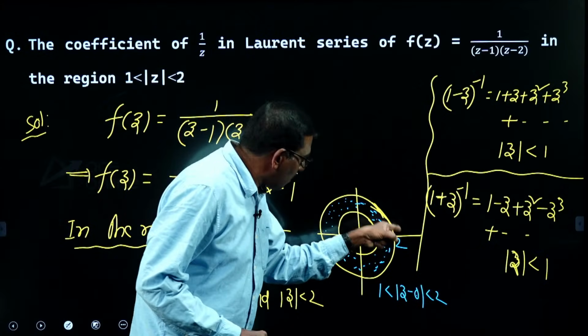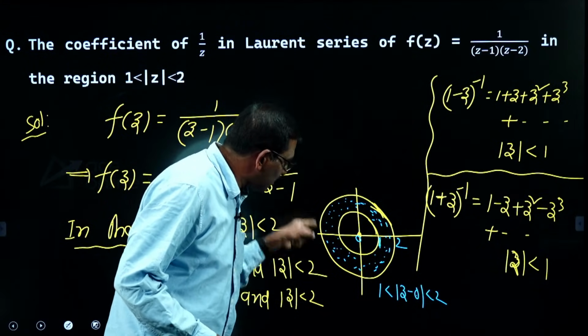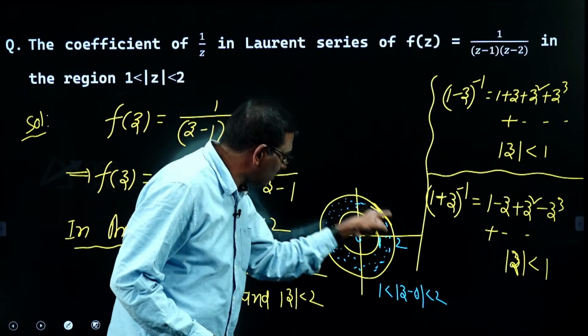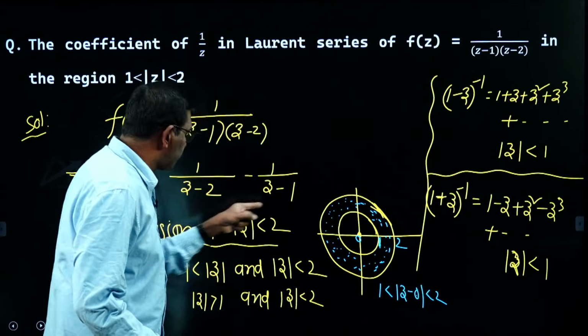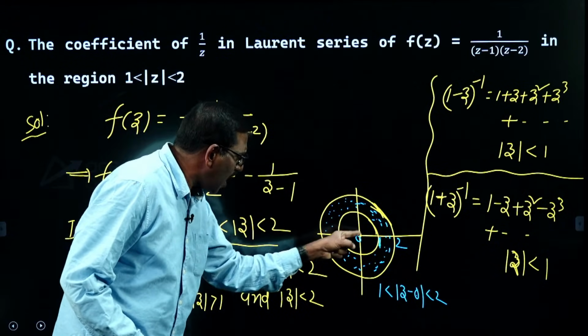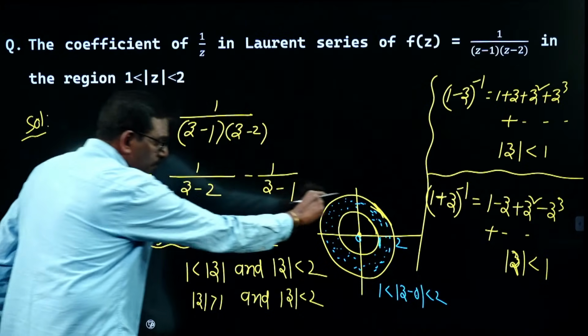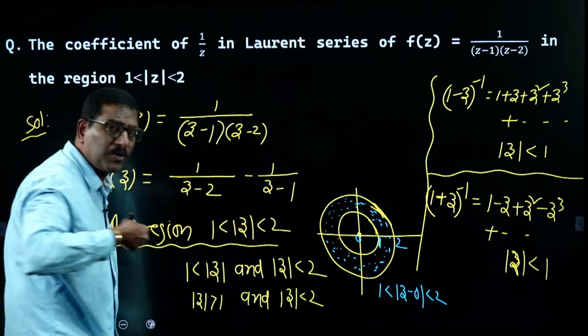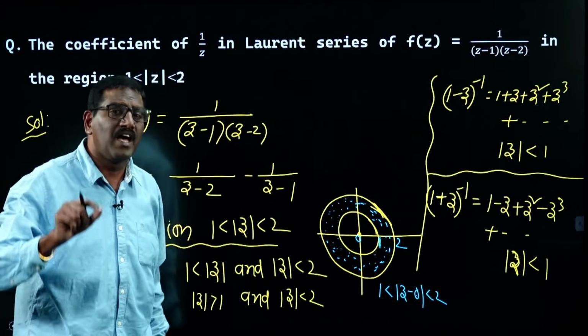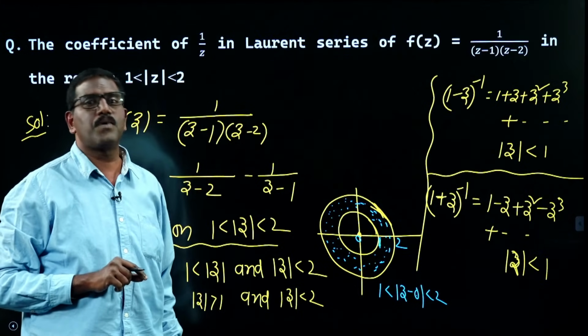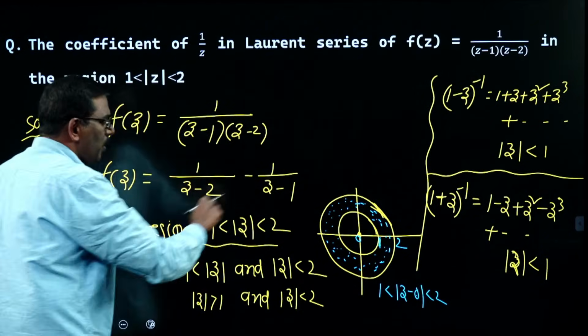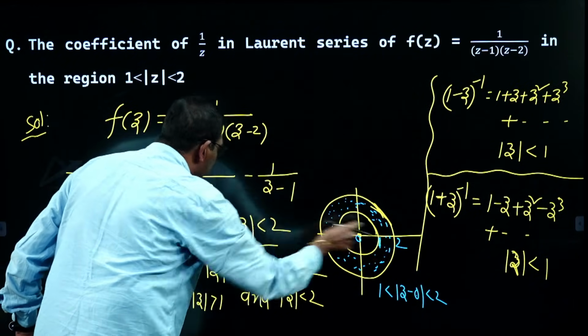And next, this is above the region, and this is below the region. After 1 and before 2, before 2, I have to expand using the Laurent series, meaning every power of z must be a positive power. Positive power means where 2 is present, this radius is 2, or not?